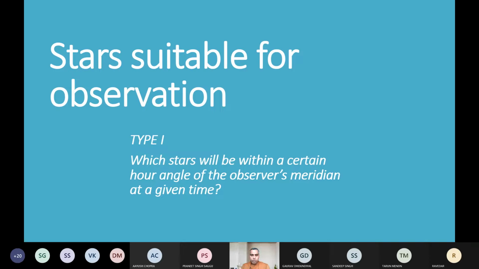The first type is what you can see on the screen. This says which star will be within a certain R angle of the observer's meridian at a given time. So as I told you, total 5 variations are there, and this is the first type which we are going to do now.